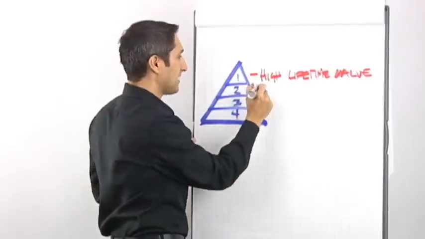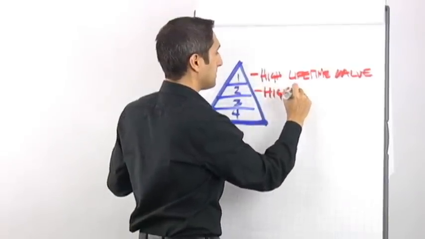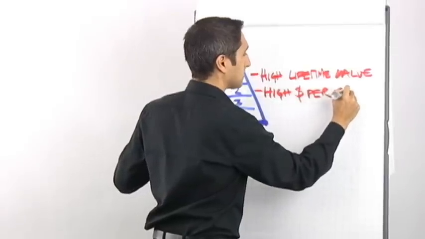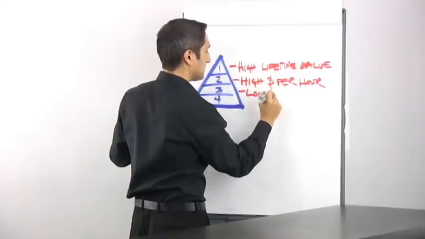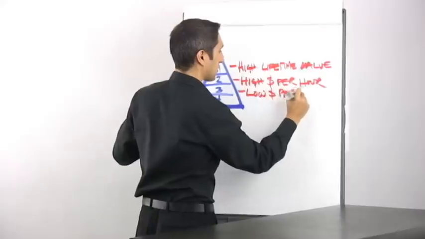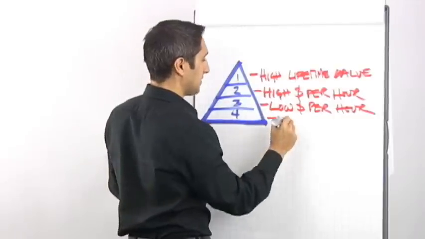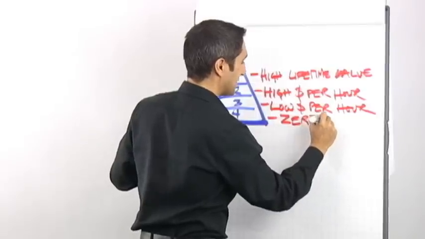We're going to label the second level high dollar per hour. We're going to label the third level low dollar per hour. And we're going to label the fourth level, or the lowest level, 0 or negative.